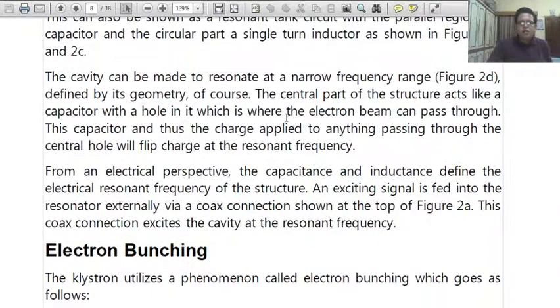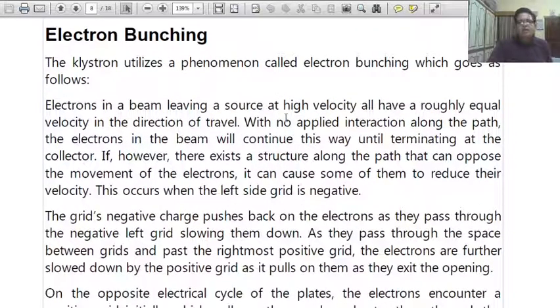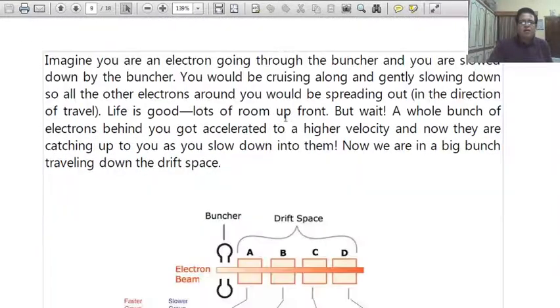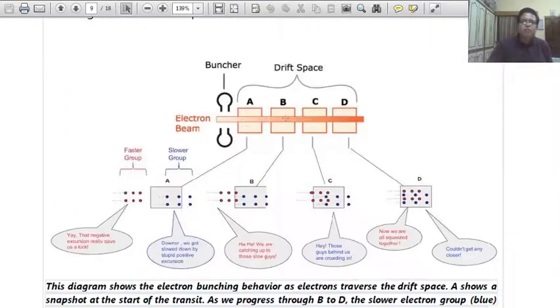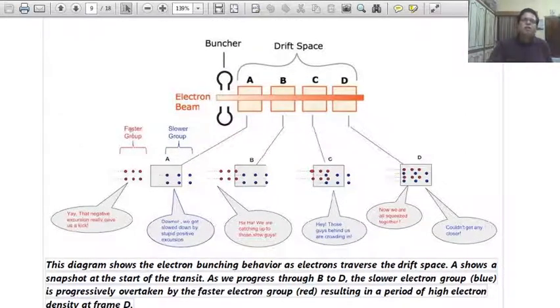You can easily understand electron bunching, that we understand. Similar things are explained in a different approach. If you understand a graph or the construction of the equipment, then you can easily explain it.